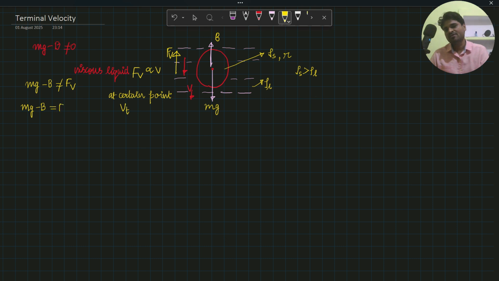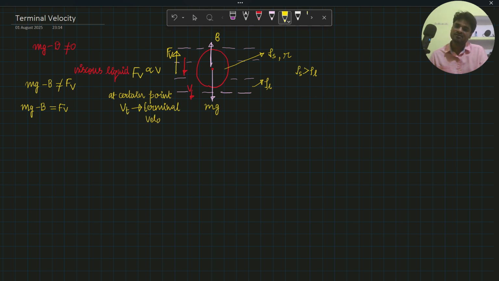Since the viscous force balances this unbalanced force, the net force on this ball is 0, and after that there can be no increase in velocity. This certain velocity is called terminal velocity.